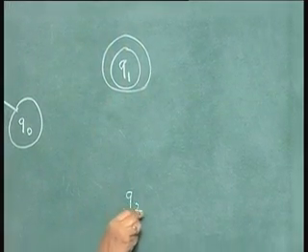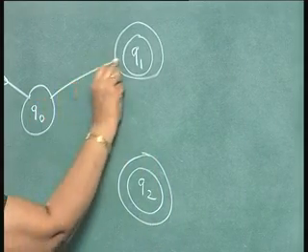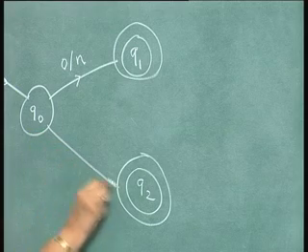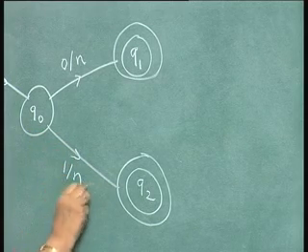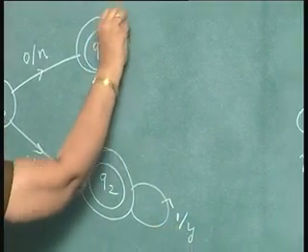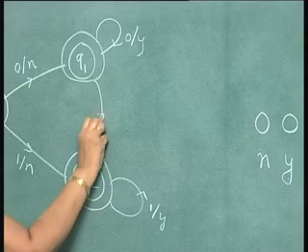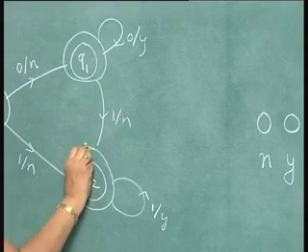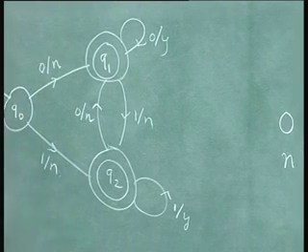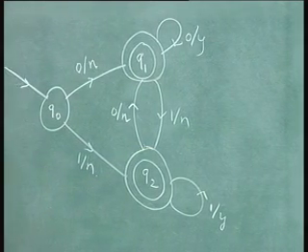You can have an automaton like this: 0 no, 1 yes, 1 yes, 0 no, 0 yes, 1.